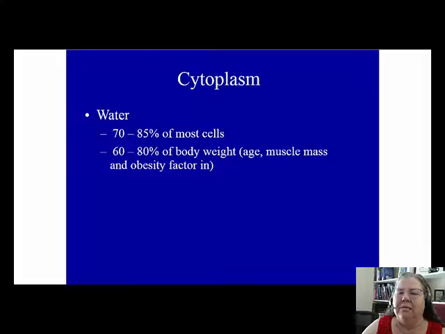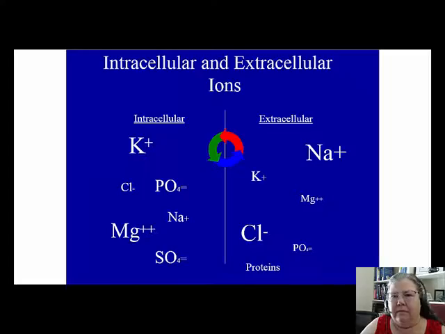So people become less water with age, obesity, and perhaps muscle mass. All those things factor into the percentage of body weight that is composed of water. Okay, so water in which things are dissolved. And one of the important sets of solutes are salts.